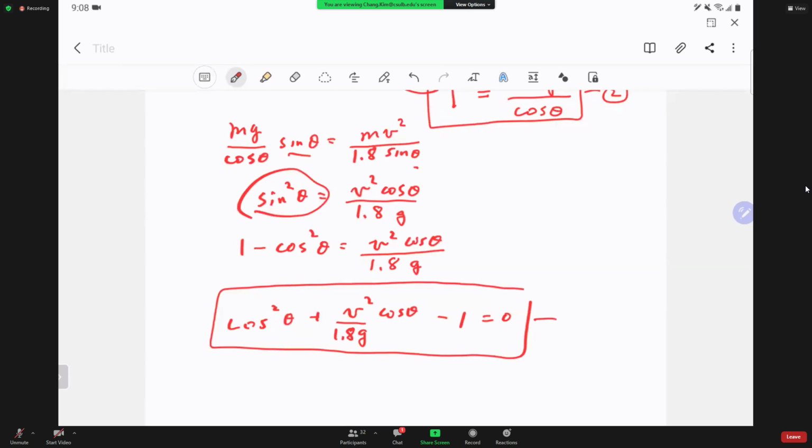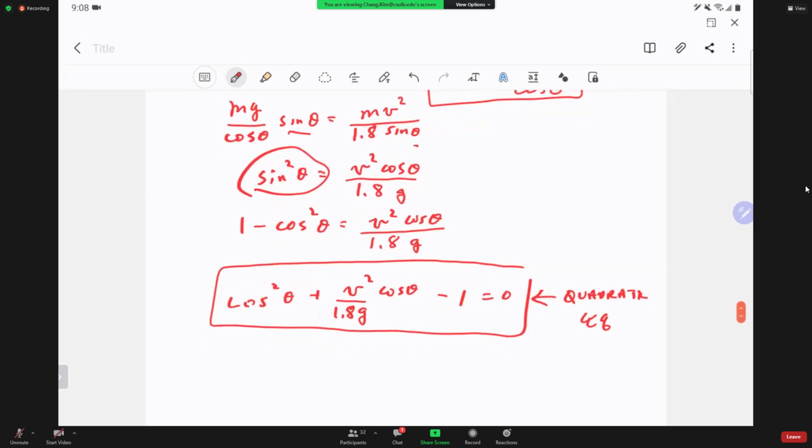So this is a quadratic equation, and you should be able to find cosine theta, two thetas, okay?